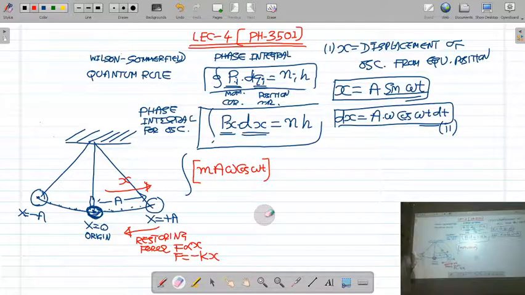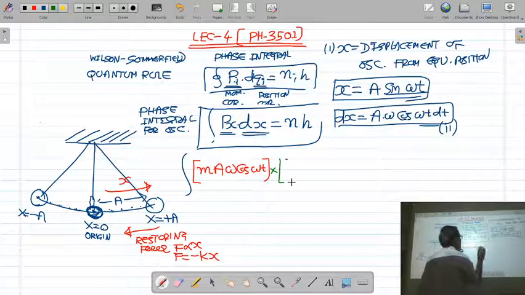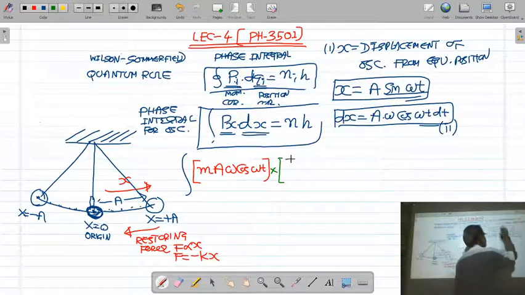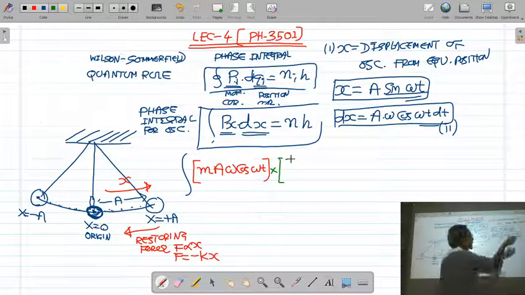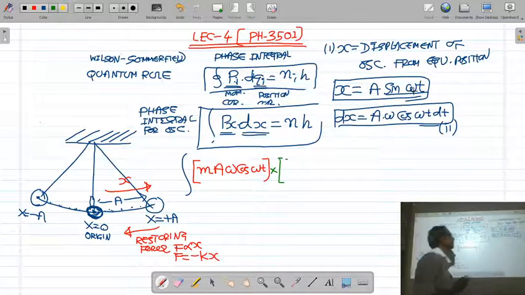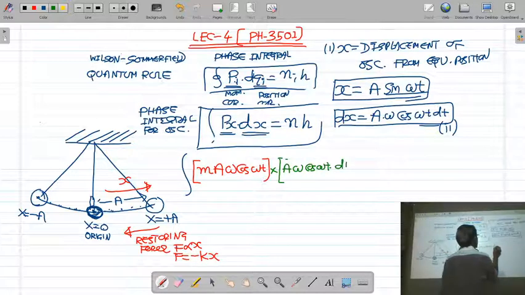Then substitute the value of dx. The displacement of the oscillator from equilibrium is A sin omega t. So if you differentiate on both sides, you will get dx is equal to A, the derivative of sin omega t will be cos omega t into omega, and the derivative of t will be dt. So let us put the value dx is equal to A omega cos omega t dt.